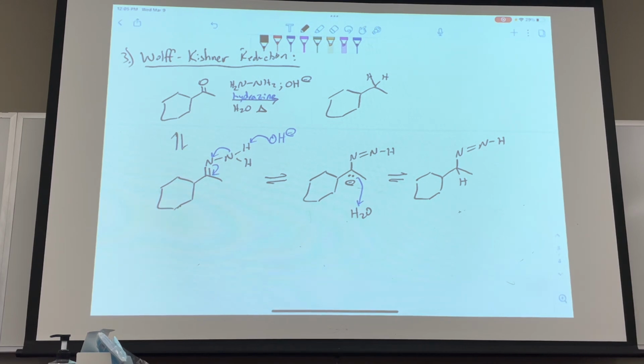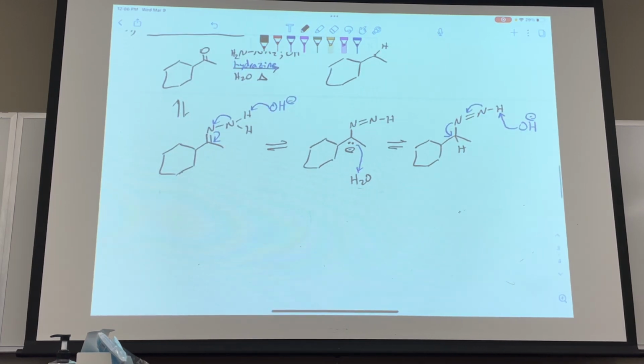So we're halfway done. In the next half of the mechanism, things just repeat themselves. Hydroxide is going to come in and grab the other proton, which is going to push the electrons in the same way.